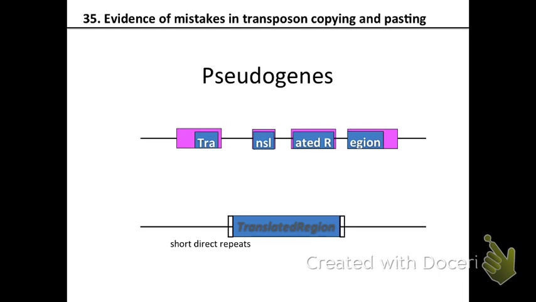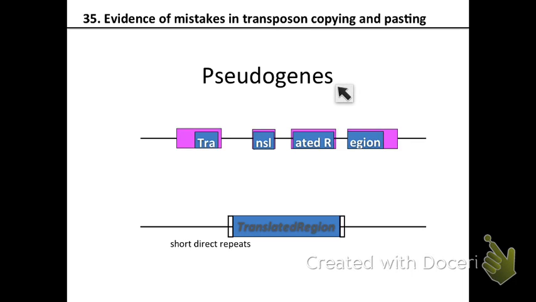All right. So the transposons jumping around, one consequence of that is mutations, right? Imagine a LINE that by mistake jumped in the middle of a very essential protein, that's going to cause problems, right? But there are also other consequences to transposon jumping. For example, transposon jumping can make pseudogenes.